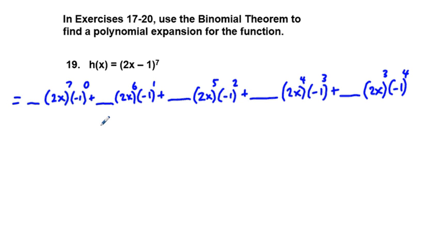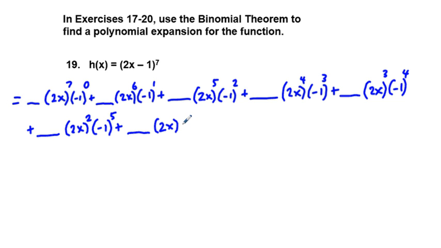I'm going to make a second line down here, which will be plus, what is that going to be? Some coefficient times 2x squared times -1 to the fifth power, plus coefficient times 2x to the first power, which is just going to be 2x.